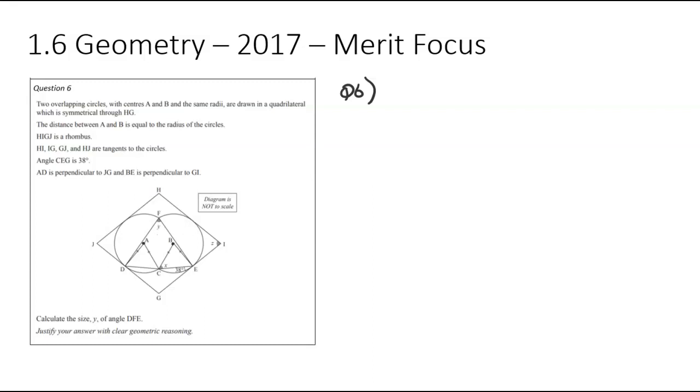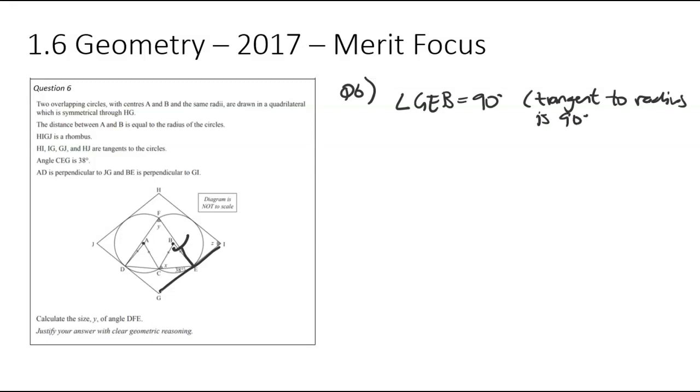So our starting point is this angle here, that there is going to be y, so we need to figure out what this is over here. And that relies on this isosceles triangle over here, which is a tangent. And we learned that from the previous question. So we know that angle GEB is 90 degrees, and that was because of the tangent rule. Tangent to radius is 90 degrees.